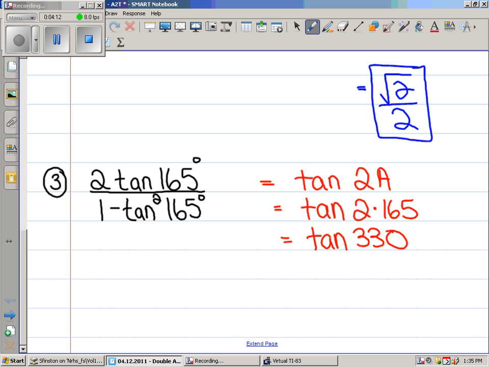And how much is the tan of 330? What is it? 577, 866. No, I'm just kidding. It's 0.577. And so, yeah, it's negative. So it's negative 0.577, and that's negative rad 3 over 3. Yeah. There you go.